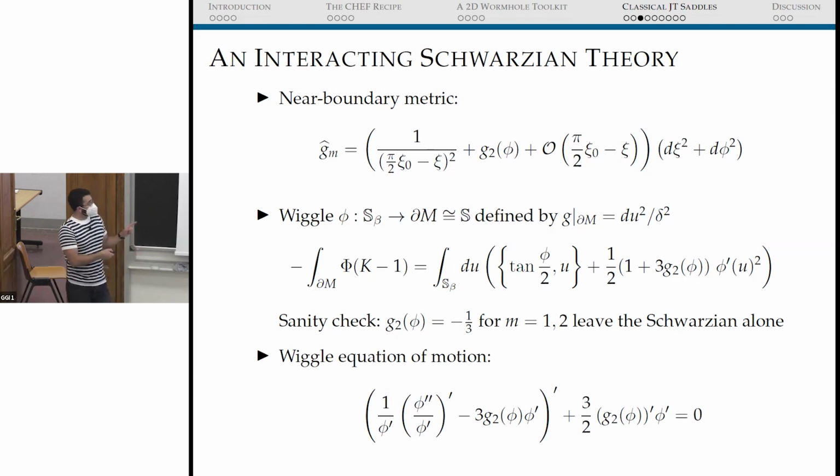Actually, at the level of the equations of motion, this one you can solve explicitly, and we did that analytically. But actually, you don't get stable saddles for any m other than m equals 1. So we consider adding matter.